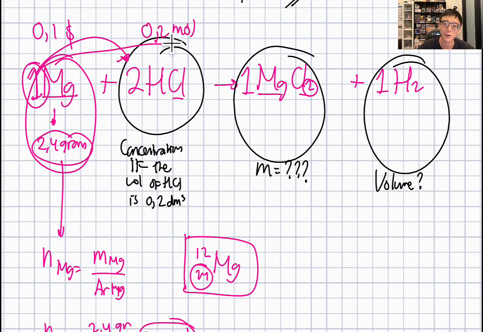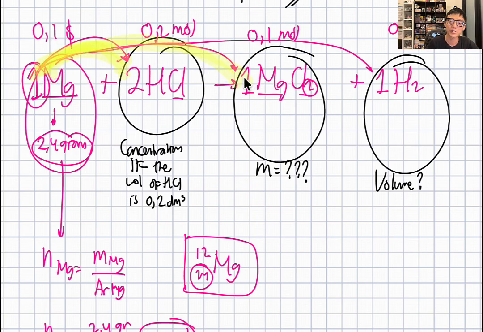What would be the price of the other thing, 0.1 mole as well? So if you find one thing, you can also use it here, the same. With one piece of information you can find the other.